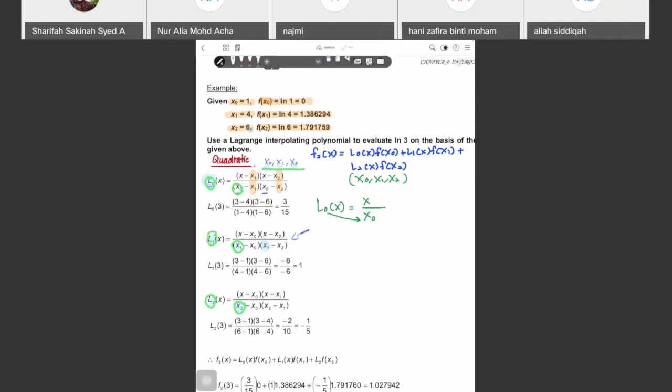So we start with x0. Secondly, x0 minus x1, and then x0 minus x2. And then x minus x1.